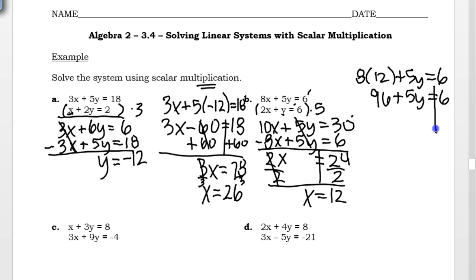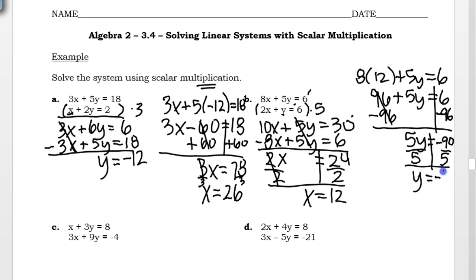And then we will solve, subtract 96 from each side, divide each side by 5. Negative 18.